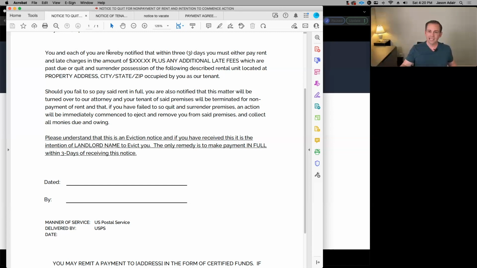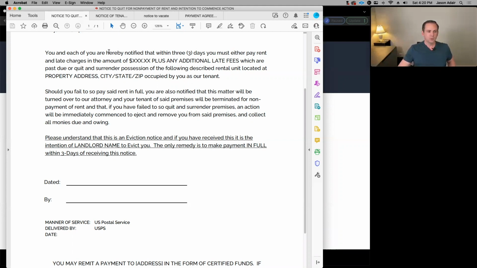Just because it works for the state doesn't mean that it can't be made better based on the circuit, their court circuit that they have to operate in, and the judges they have to deal with.